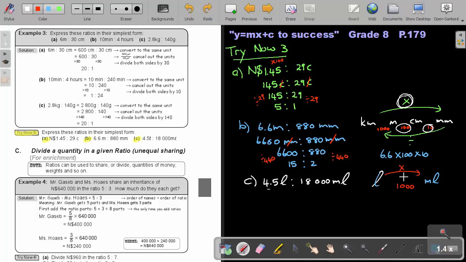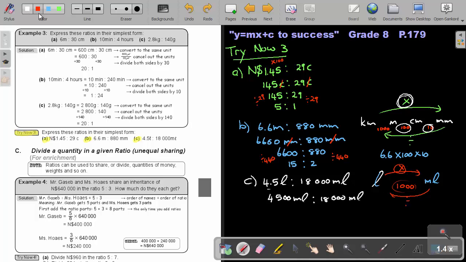Again, multiply, coming back, divide. So take the liters to milliliters by multiplying with 1,000. And if you multiply with 1,000, you are going to get 4,500 milliliters to 18,000 milliliters.